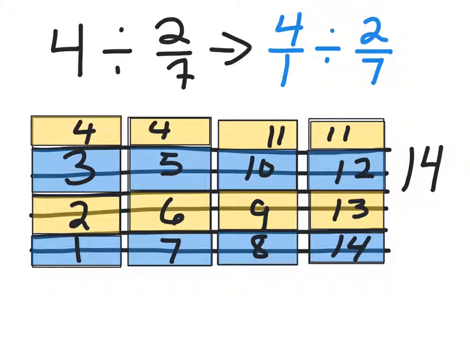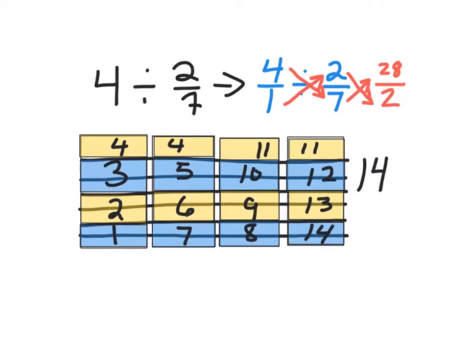Now, I can do mountains and valleys. I'll do that first, okay? So I'm going to take a red here and make a mountain, and I got 1 times 2 is going to give me 2 down here for my denominator. Then I'm going to make my valley. 4 times 7 is going to give me 28 right here, right?